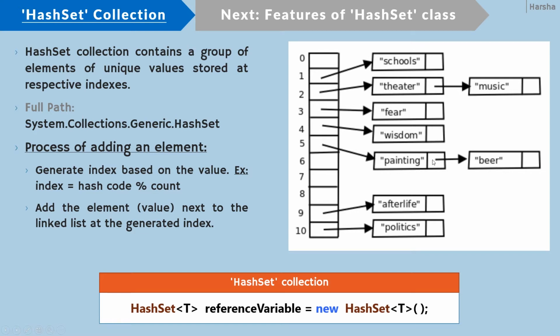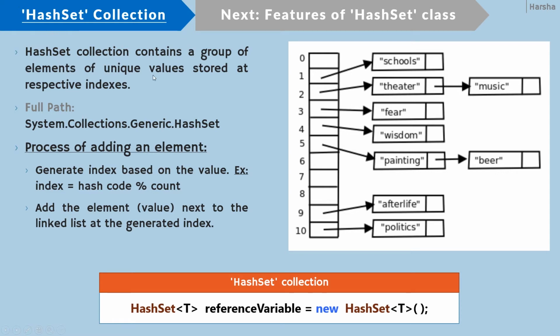So almost the same process happens in case of hash table also, whereas hash table generates the index based on the hash code of the key, but in case of hash set, there is no key, right? That's why the index will be generated based on the value rather than key. And in case of hash set, values must be unique.